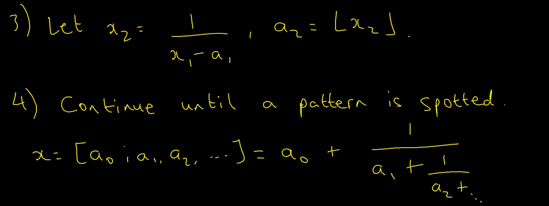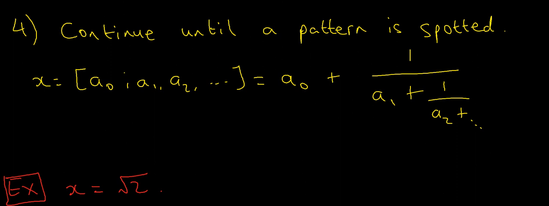Now, I do say that we continue until a pattern is spotted. You don't necessarily have to find a pattern. For instance, you could do this with the number pi, and to my knowledge, it's not currently known if there is a pattern for the coefficients in the continued fraction expansion of pi. There might be, but I think it's an open problem.